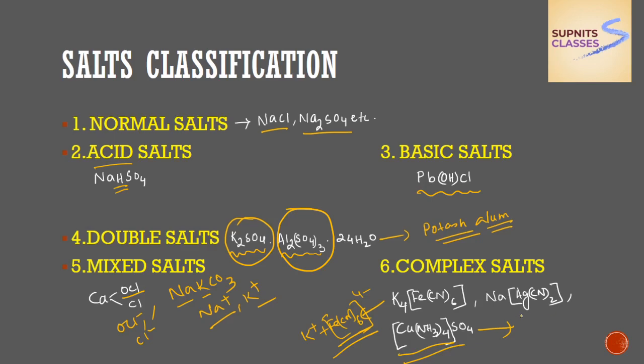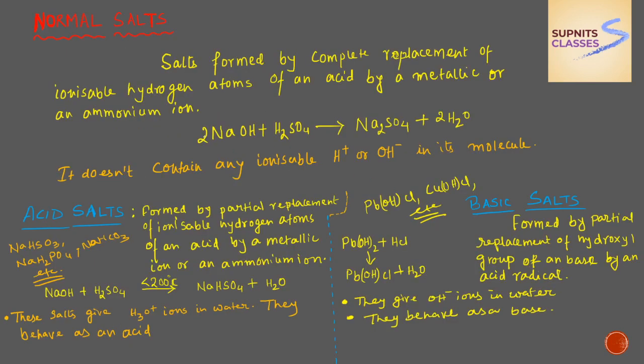We are going to discuss it. Here also a complex anion will be given. So in the case of complex salts, when you dissolve them in water, they will give either a complex anion or a complex cation, and who knows, they may give both also. That is also something we are going to discuss.